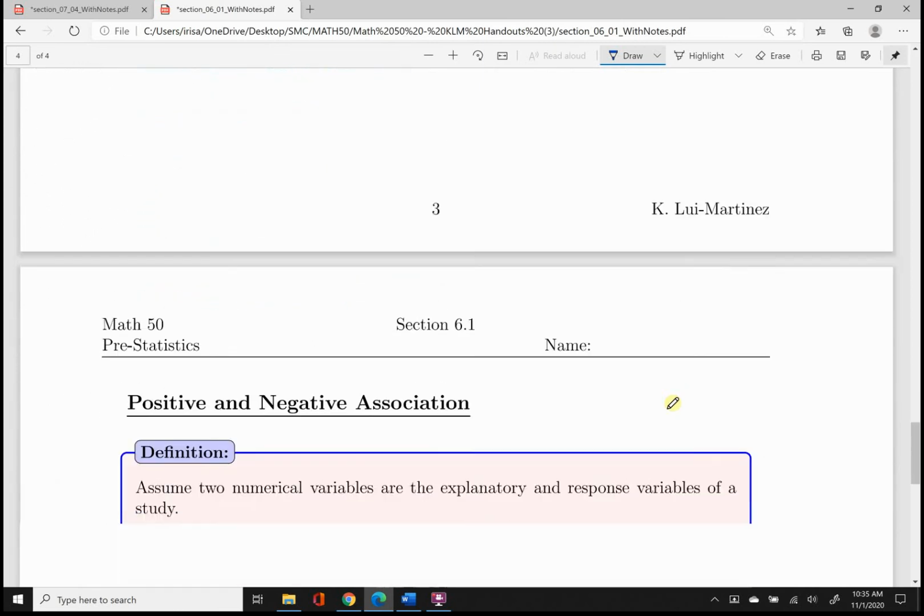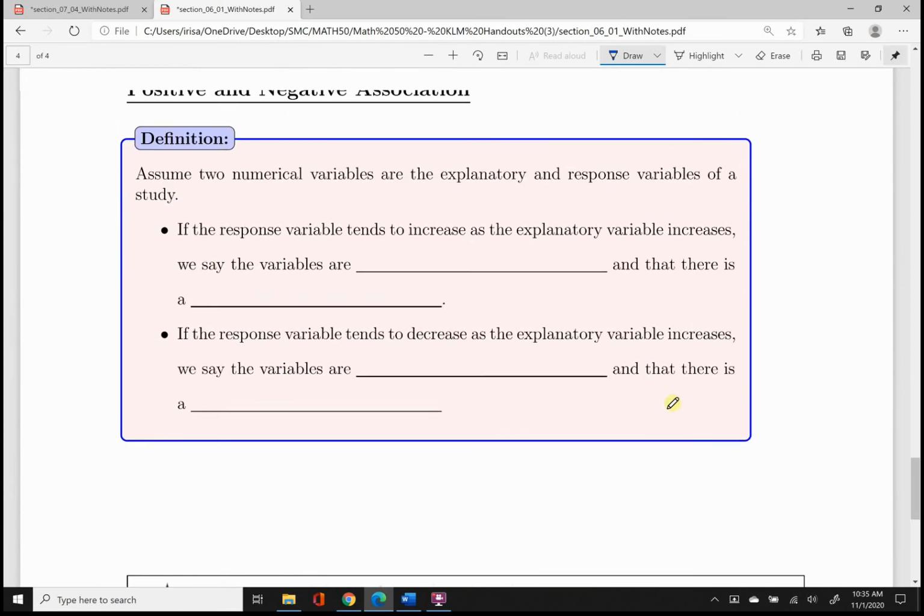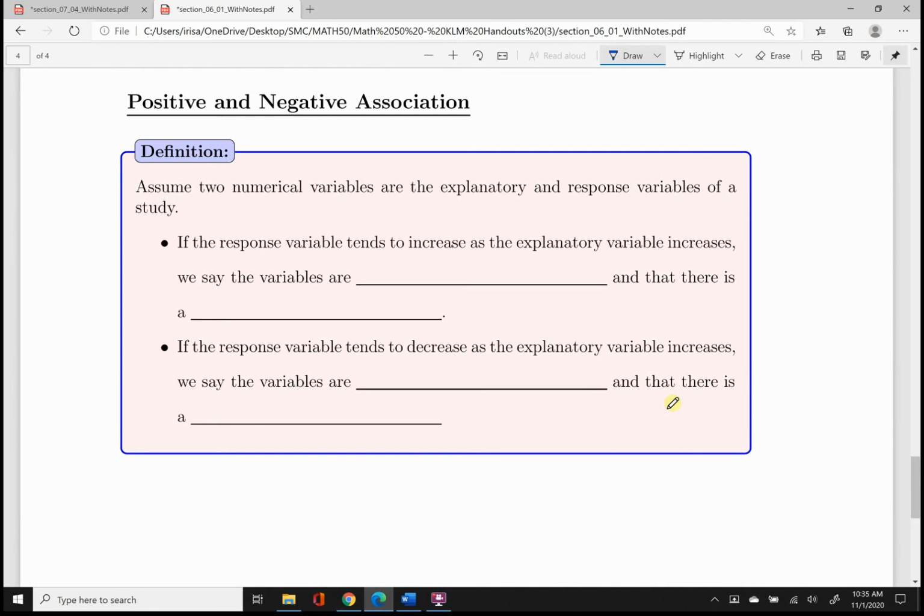Okay, moving on. Let's now talk about positive and negative association, something I've been alluding to, but let's get into it more specifically. It says, assume 2 numerical values are the explanatory and response variables of a study.